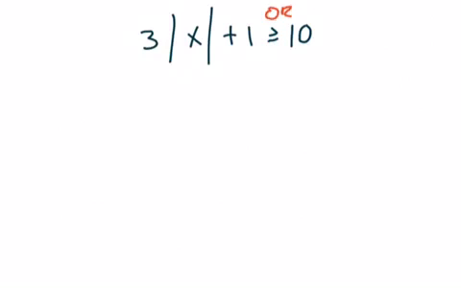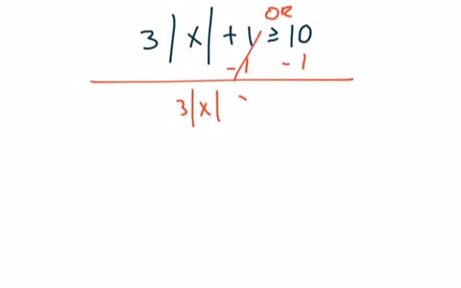Okay, so first we want to isolate and get the bars by itself. So we have to undo the plus 1 and the times by 3. Okay, so we'll first minus 1. So that gives us 3 absolute value of x greater than or equal to 9.